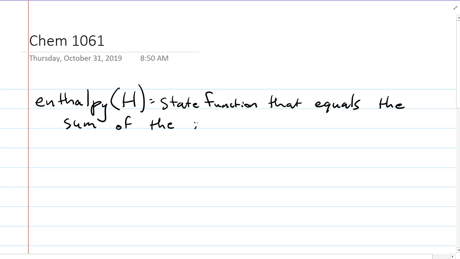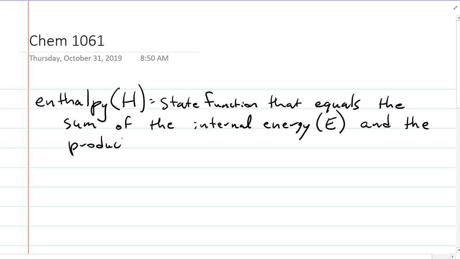We define enthalpy as being a state function that equals the sum of the internal energy, which of course is E, and the product of pressure and volume.